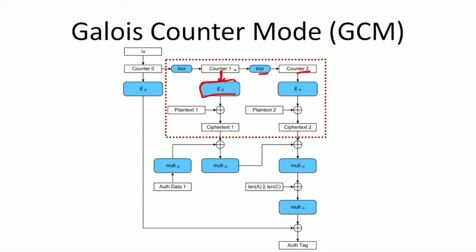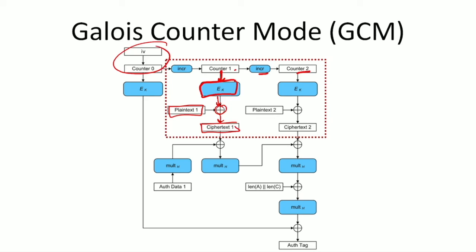We encrypt the counter value, we get a key block, and then we take our plain text block, we XOR these two together, we get a ciphertext block. This is essentially counter mode. And here as well, we are keeping the first counter value to use for our authentication code.